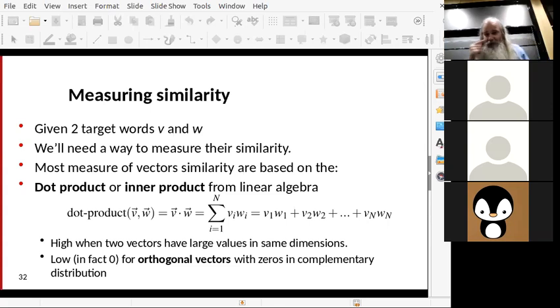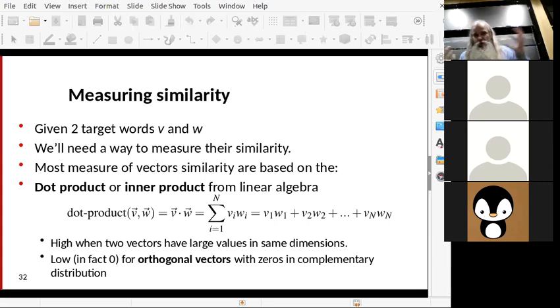So if they do have numbers in the same position, we're going to get a positive thing. If they have many occurrences, it's going to be a high positive. If we have 0 on one and some number on the other, that's a mismatch, so it pulls the weight down.